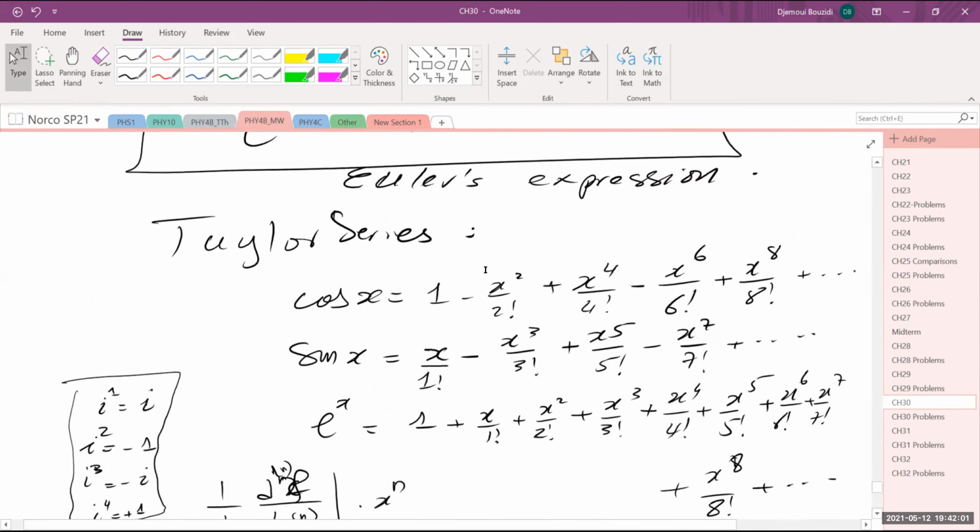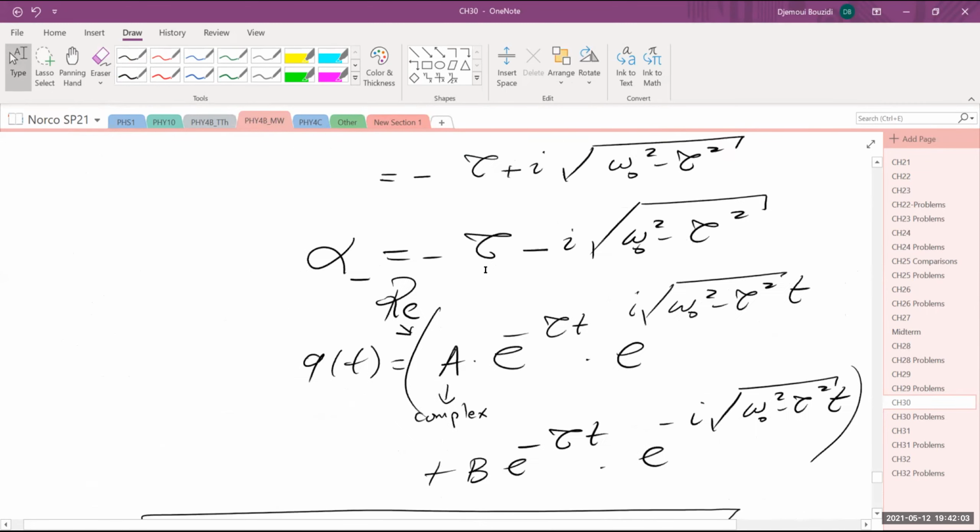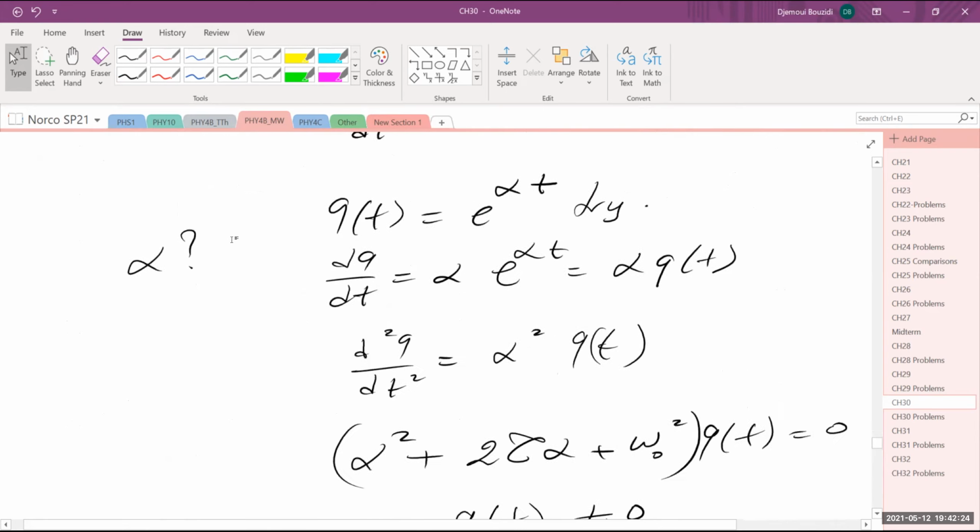Did I put the correct stuff in here? Yeah, I think I gave you the wrong units for... yeah, they're correct. Everything is correct.